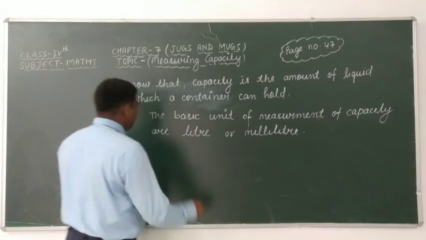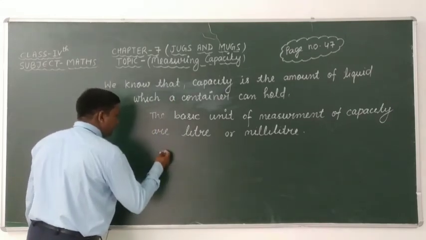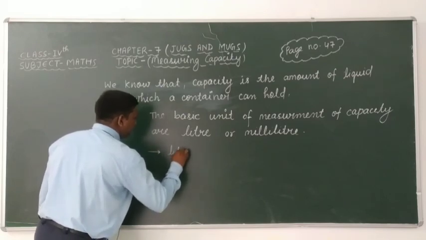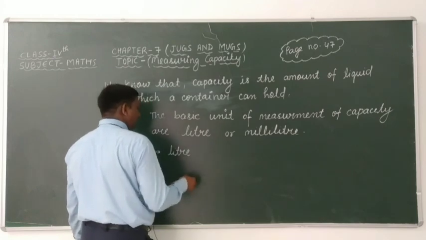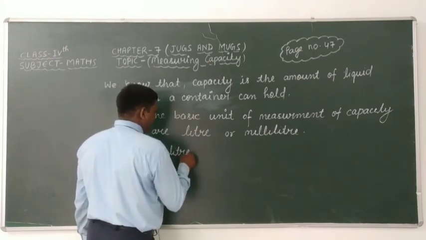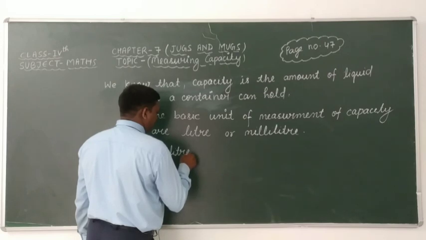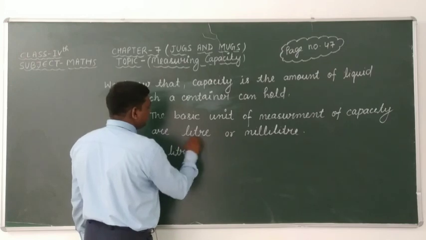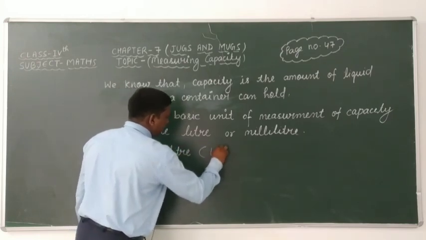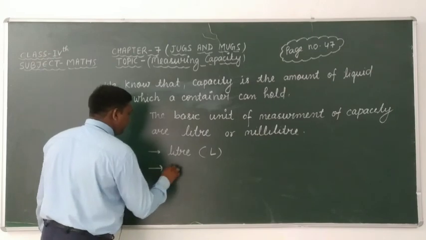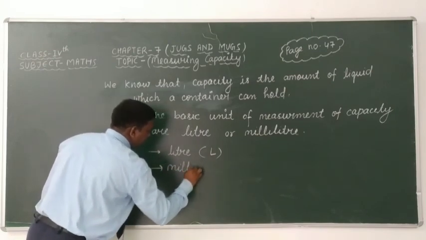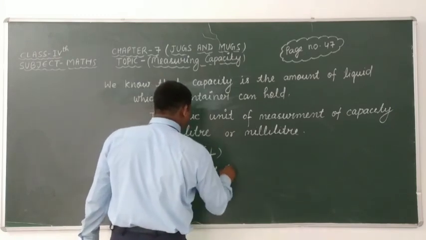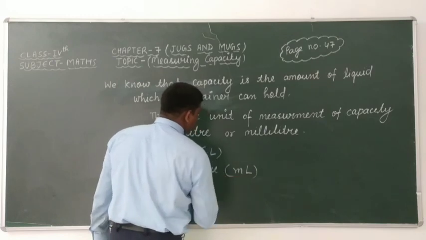Okay students, look, liter is denoted by L. It means that we can write in short L in place of liter, and milliliter is ml.